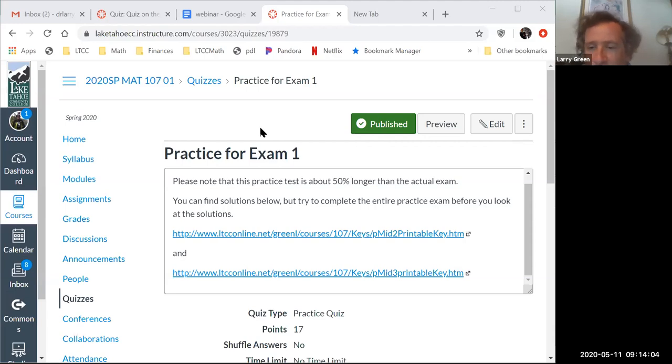And that's the whole point of Proctorio, it blocks everything else you're doing and watches you. So sorry about that. Again, there's no great solution, but I have to do what I have to do. Okay, any other questions before we start and talk about constrained optimization of multivariable functions?